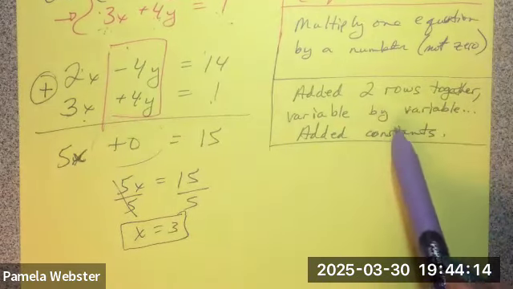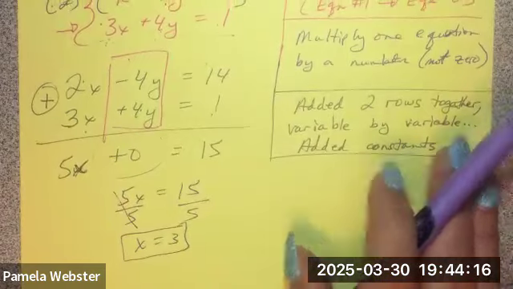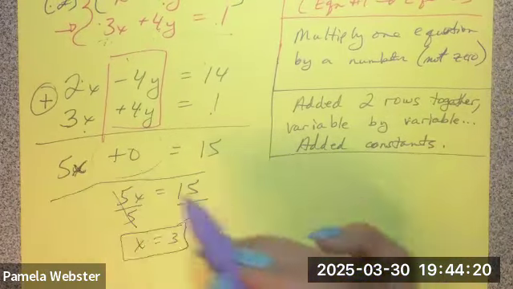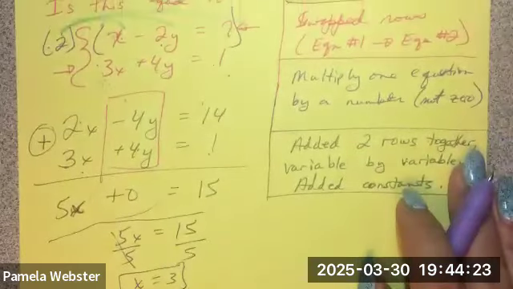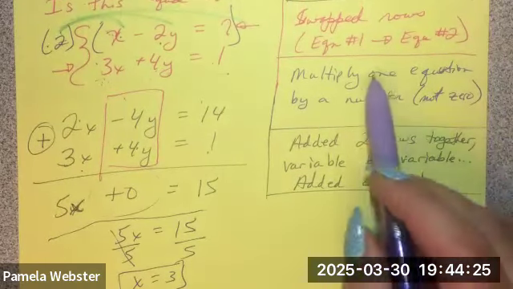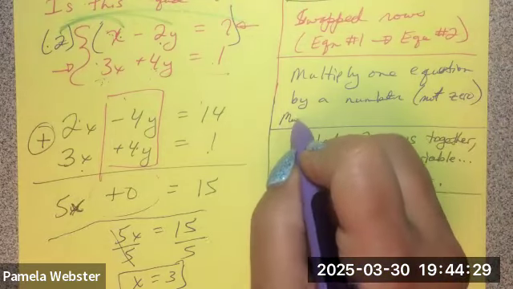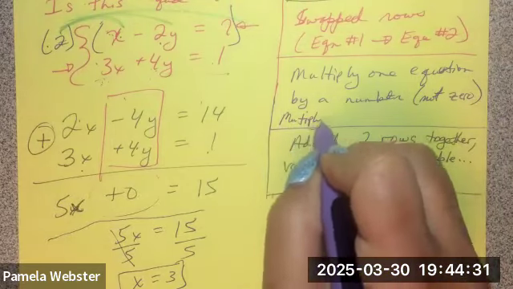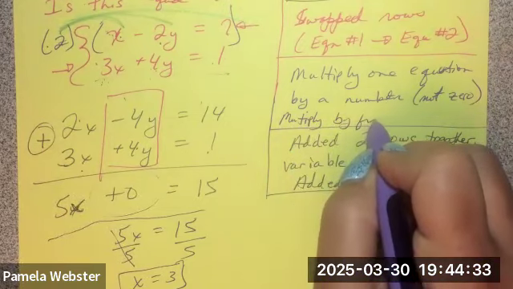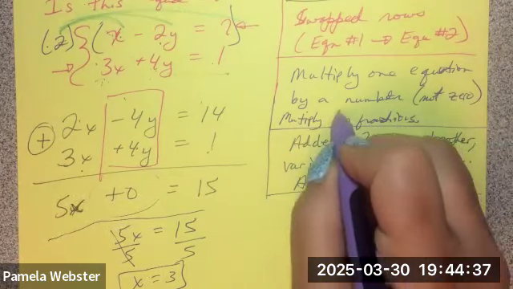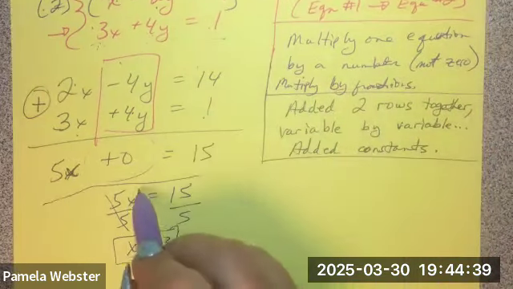That's actually not really a step for a system because I was just dealing with one variable, one equation all by itself. But if it was anything, I could multiply one equation by a number, and I could multiply by fractions, right? So technically what I just did, I divided by 5 right here.